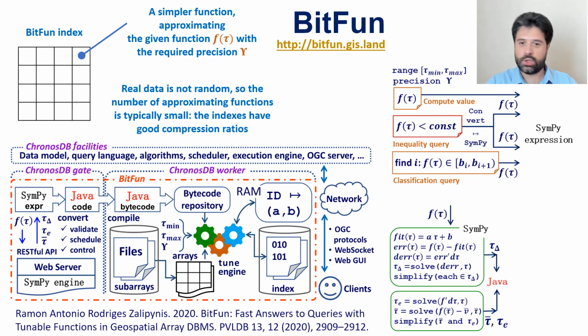Real data is not random, so the number of approximating functions is typically small. The indexes have good compression ratios. Bitfun can answer three query types, namely compute function values, evaluate inequality, and perform classification.